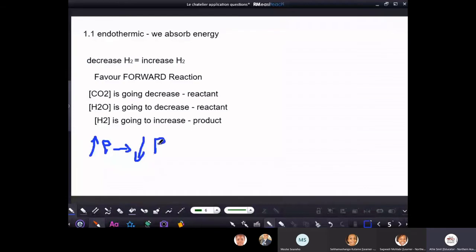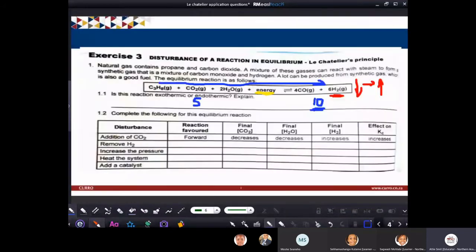So Le Chatelier says if you increase the pressure, the reaction will want to decrease the pressure, favoring the side with the least amount of gas molecules. So in this case, we are favoring the 5 and not the 10. So the reaction that will be favored will be the reverse reaction.